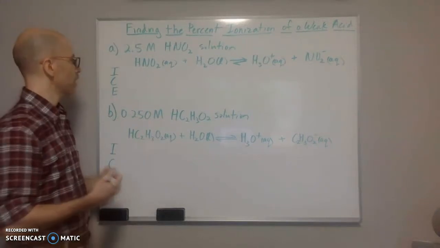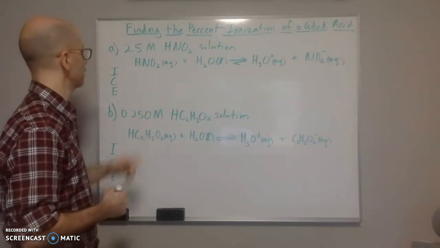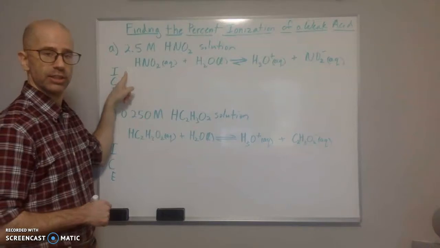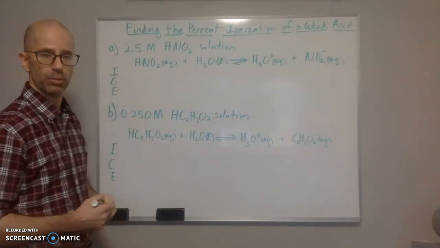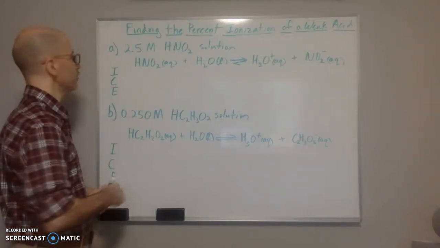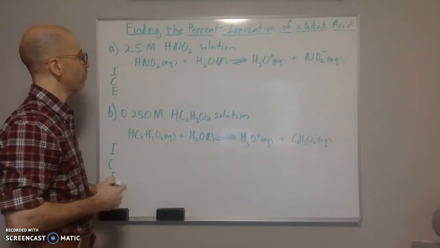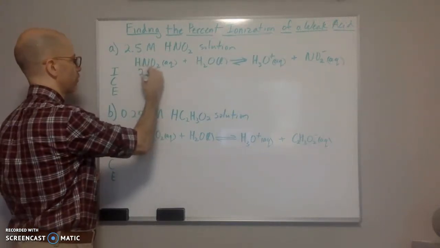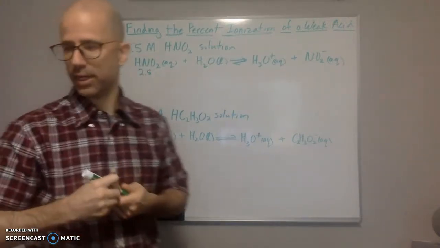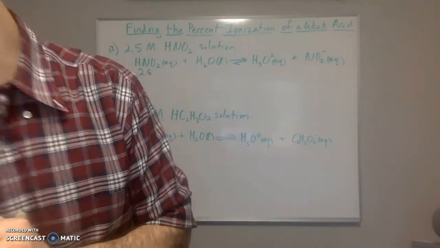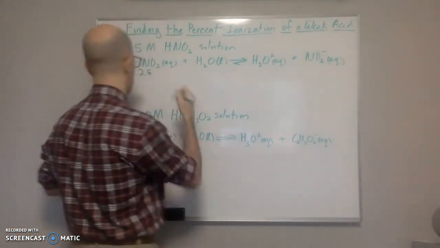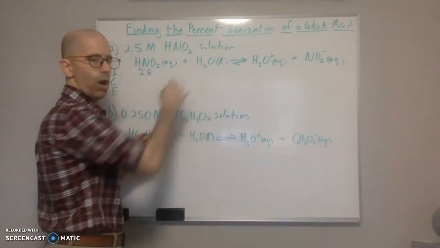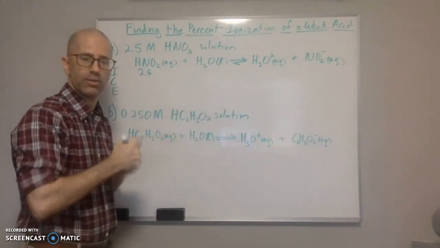So first thing you need to do is get the initial concentrations, the change, and equilibrium using your ice table. So we start with 2.5 molar. Water we're going to ignore because it's liquid.